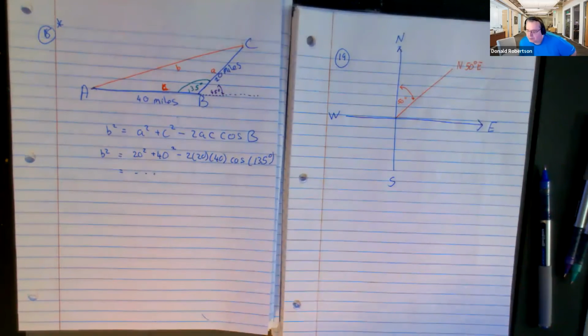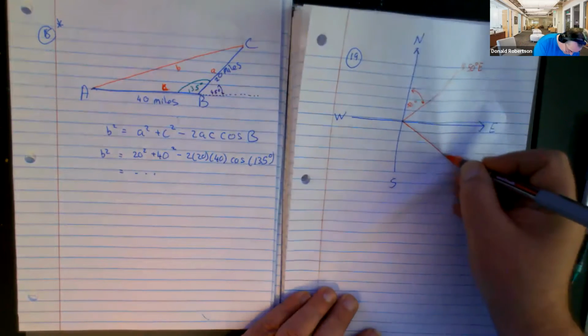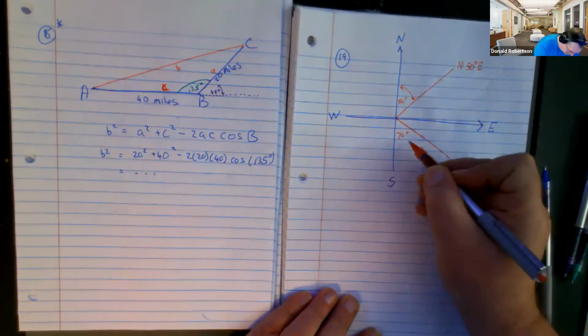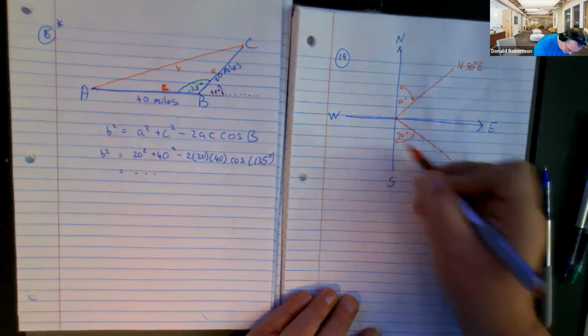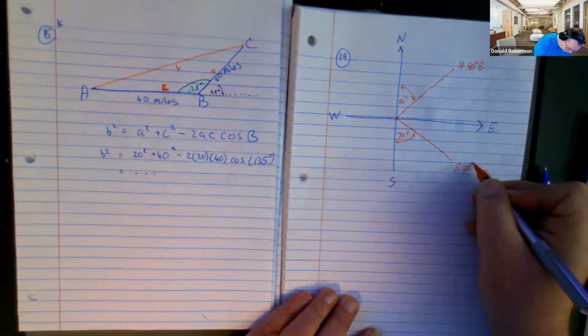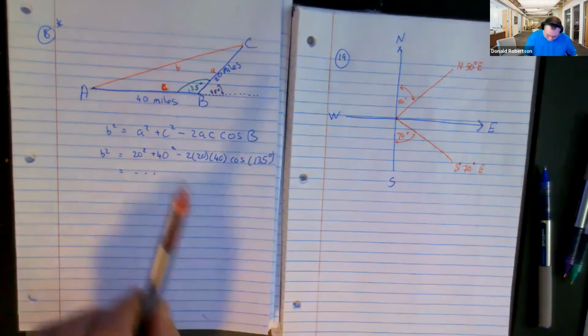I guess if you're into sailing, somebody just nodded, so they do actually recognize that. And you've got a second boat going down here, and this angle here is 70 degrees, and evidently, that's called south 70 degrees east. So that's just a way of telling it.